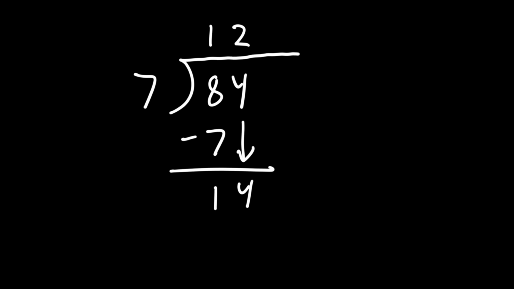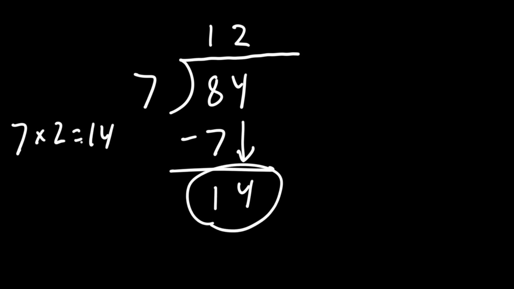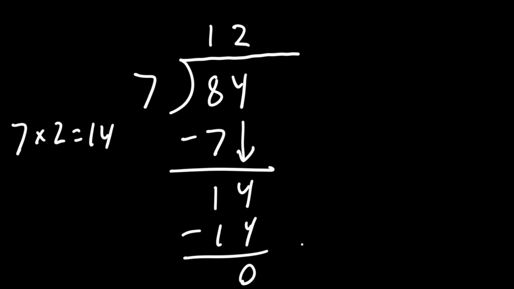So 7 can go into 14 2 times, so 7 times 2 equals 14. So we have to subtract 14 by 14. 14 minus 14 just equals 0. And notice how there's only 1 0 at the bottom, so that means we're done. So 84 divided by 7 equals 12. This is our final answer.